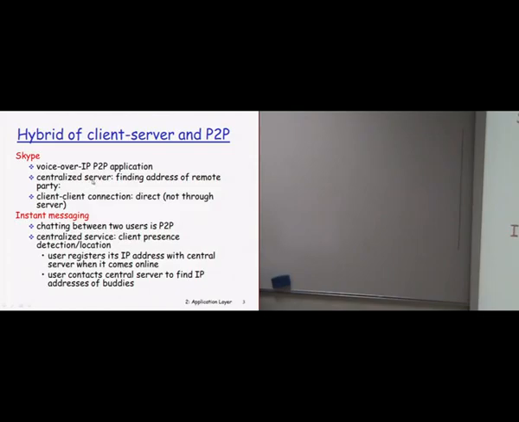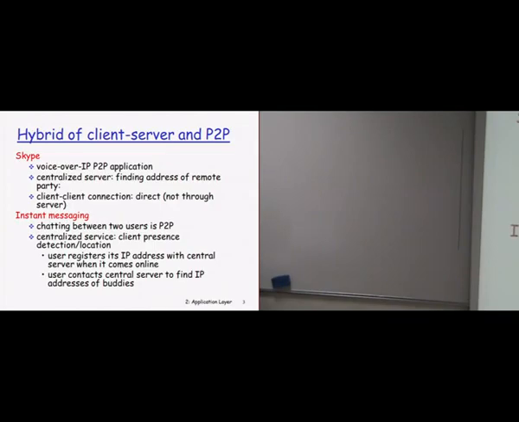It will not be through the server anymore. Once you are connected, once you know the IP addresses of each other, and you know that both parties are online, and you contact each other, further communication, whether it is voice over IP communication or text messages being exchanged, will be directly point to point.